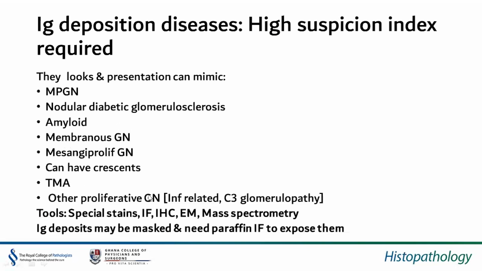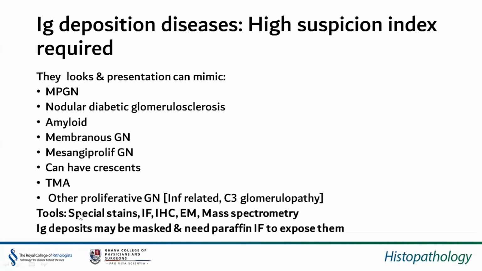They can also look like other proliferative glomerulonephritis, such as infection-related glomerulonephritis and C3 glomerulopathy. So this is something that we have to keep at the back of our mind always, because they can have variable appearances.